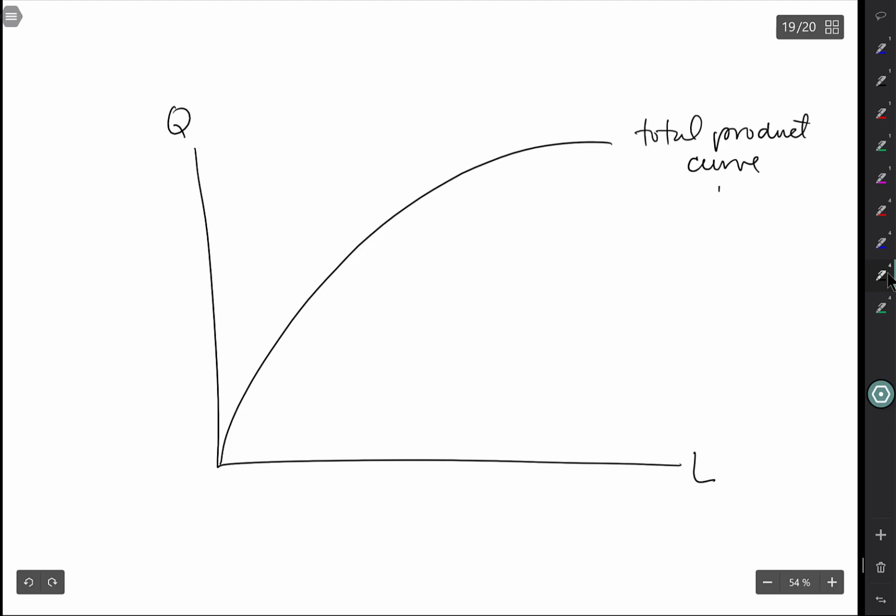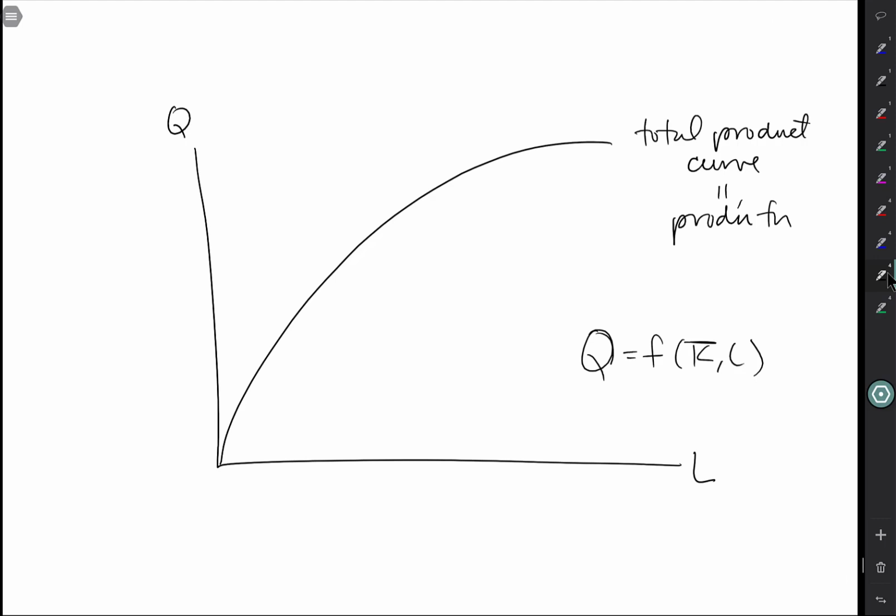So whether you hear production function or total product curve, it means the same thing. Just like I had drawn before in the math, total product, Q, is a function of your inputs. We just happen to be holding capital fixed or natural resources fixed in our example. So total product curve or production function, same thing.